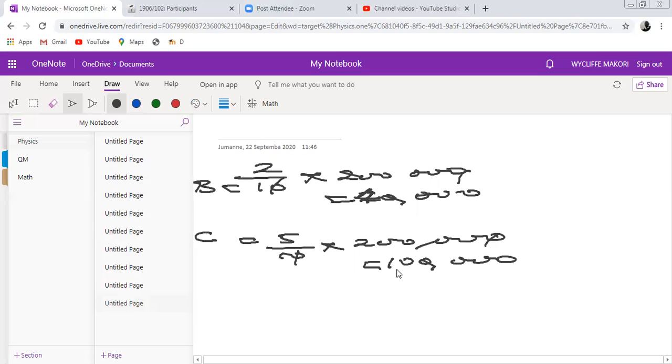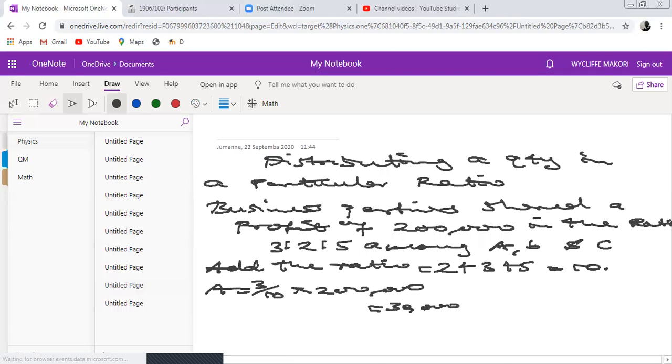So this is how the profit will be shared. C will get 100,000, B will get 40,000, and the other person, A, I think here we need to multiply 2 times 6, so A was supposed to get 60,000 and not 30,000.